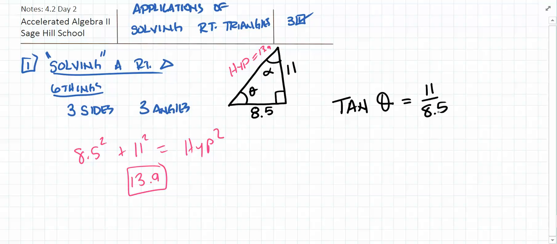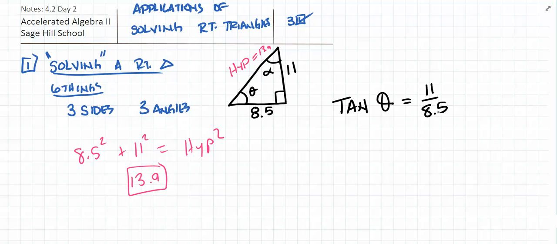Now, when you see tangent of theta equals 11 over 8.5, what does that actually mean? It means that the angle whose ratio of 11 to 8.5 is defined by tangent. So if I'm interested in just the angle, how do I get it? You have to put it in your calculator.